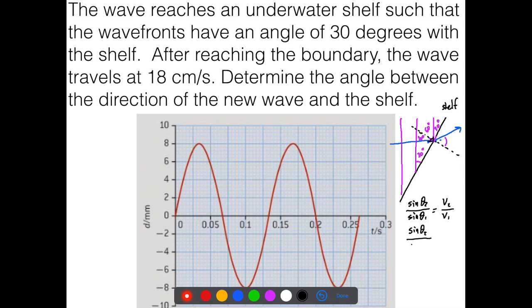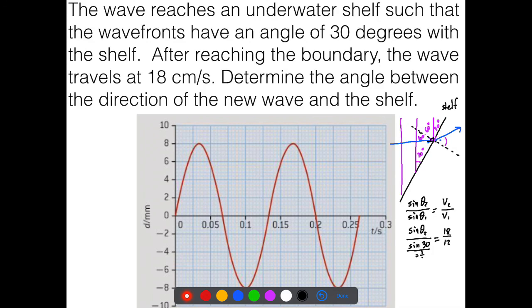We've got sine of theta 1, so that would be sine of 30 because that's the angle at which it's hitting, right? And then we've got the original speed, which was 12, right? So the 12 was the original, 18 is the new one, and so we should be able to go ahead and do that math.